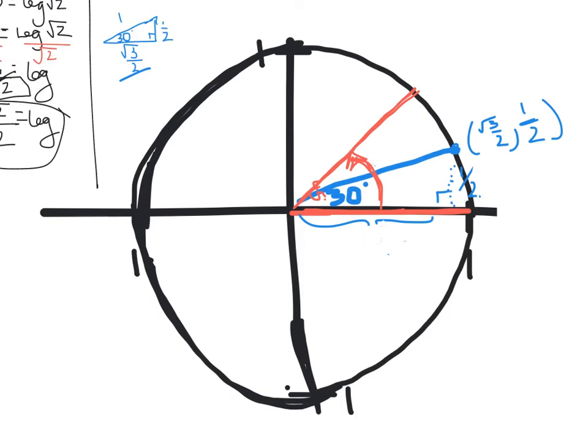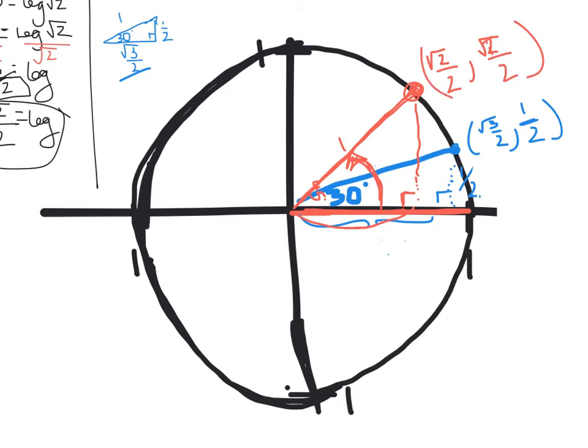Imagine dropping down a vertical line and making a right angle. That's a 45, 45, 90 right angle. My hypotenuse is 1, which is all standardized, which means that my horizontal change is going to be a square root of 2 over 2, and my vertical change is going to be the square root of 2 over 2.